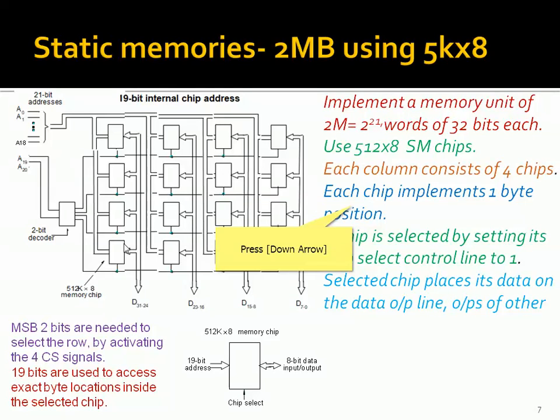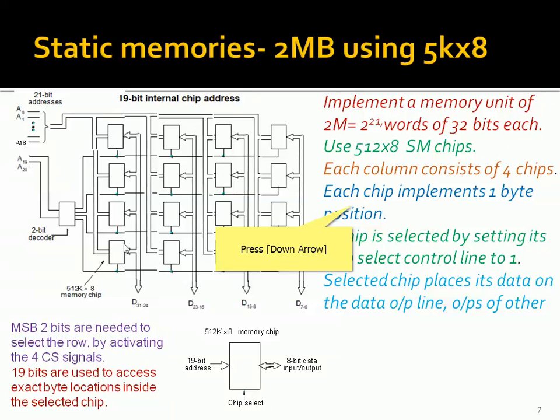So each cell will be 512K into 8. In order to identify all the internal locations of that 512K, how many address lines are required? 19 address lines. So 2 power 19 is equal to 512K, right? So here total 21 address lines are there. Why 21? Because we want 2 MB into 32 bits.